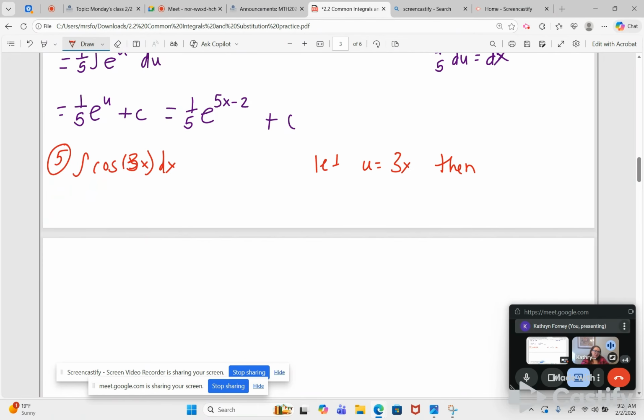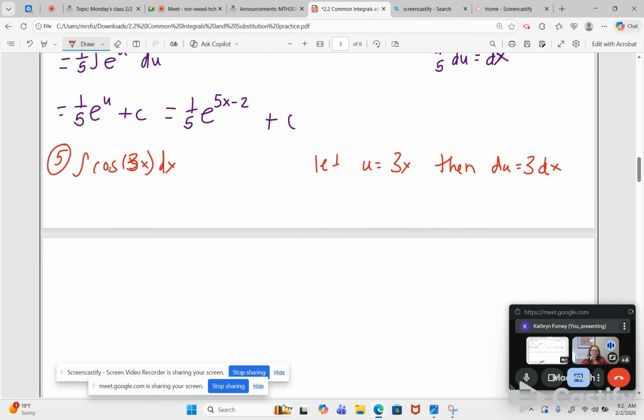So then the derivative is just 3. Not dx, the du. The du is equal to 3 dx.